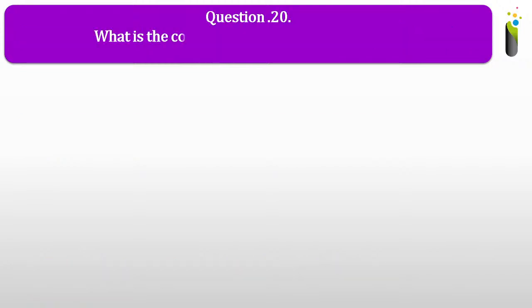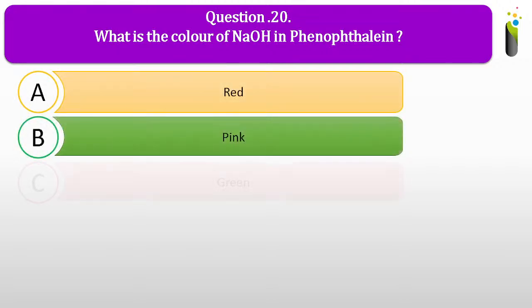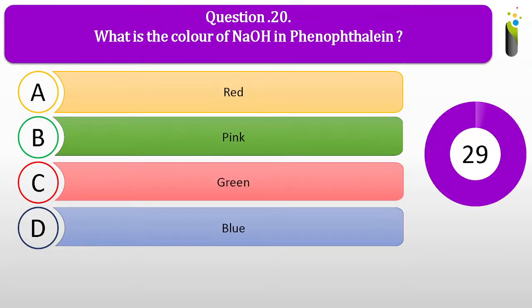Coming to the next, that is question number 20. What is the color of NaOH in phenolphthalein? A. Red. B. Pink. C. Green. D. Blue.